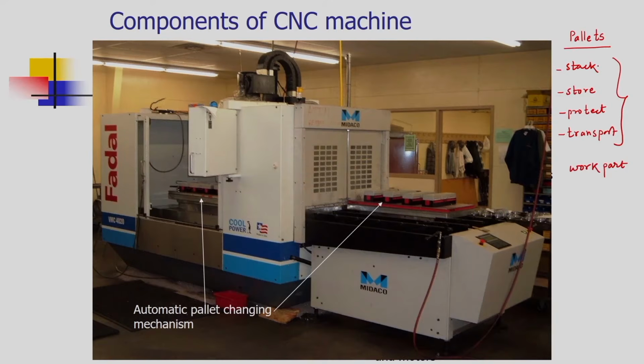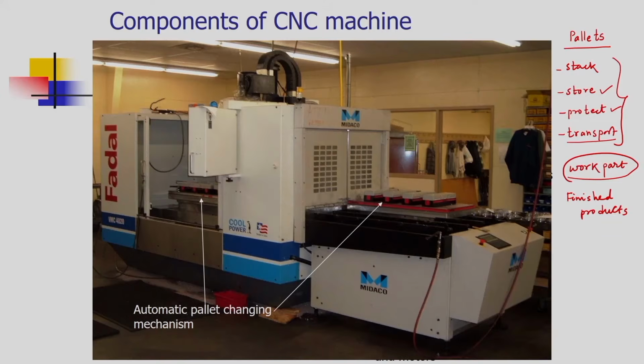We need to stack the work parts or the finished products, then store the work parts, and those stored work parts will be fed to the machine whenever and wherever required, to protect the work parts and to transport, to convey them over the conveyors. So, a typical arrangement can be seen on your screen.